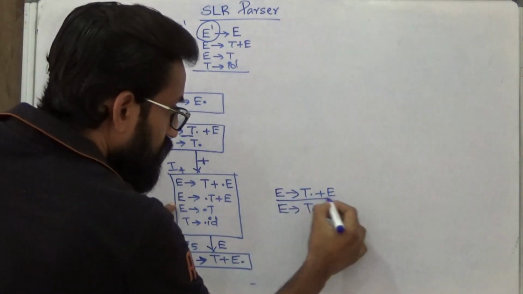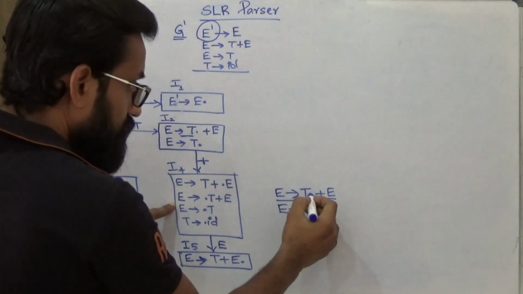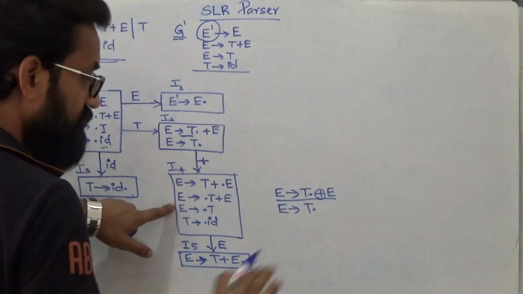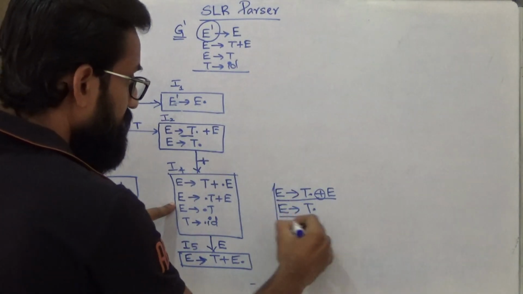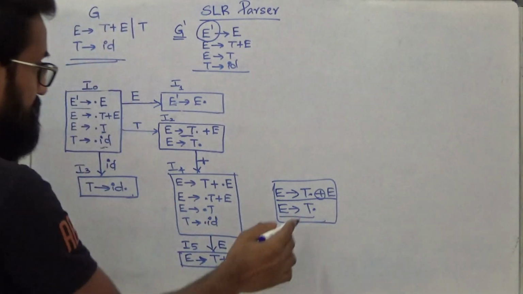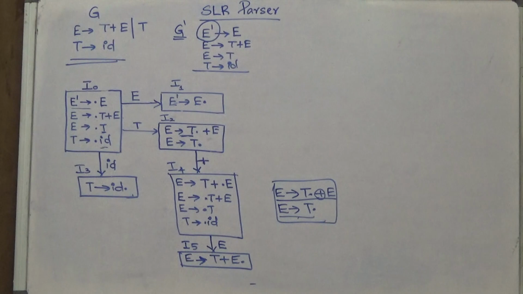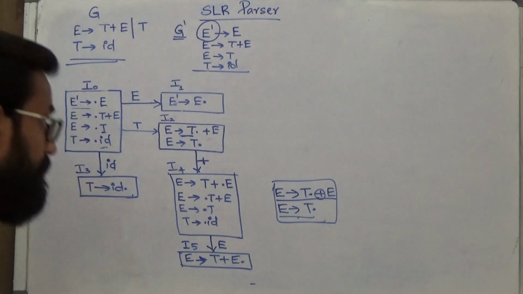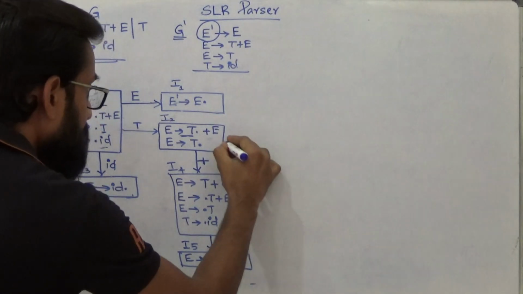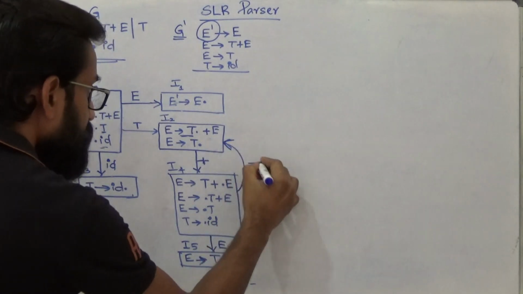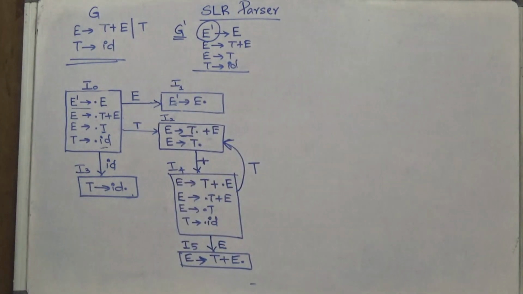If I take the closure of this item set, it will remain the same because dot is followed by a terminal, so we don't need to process. Here dot is followed by nothing. So this is the item set obtained, and it is actually an existing item set I2. So this T transition from I4 will go to I2.